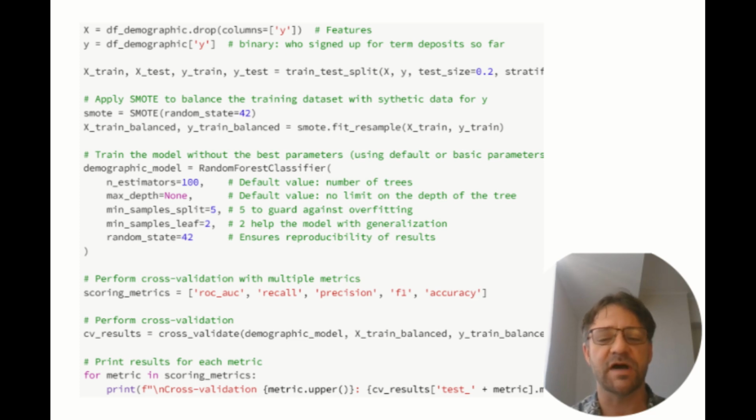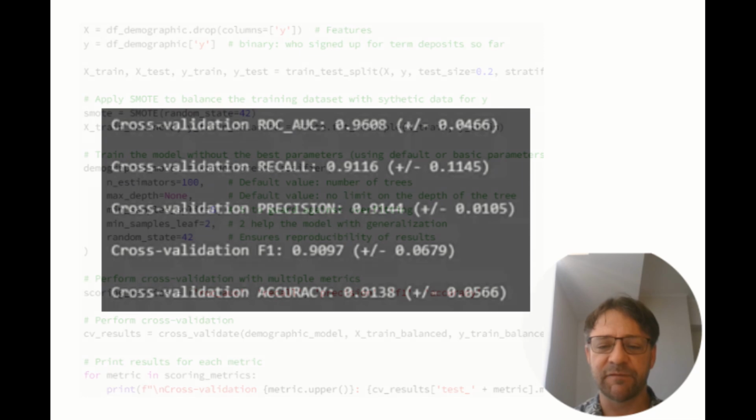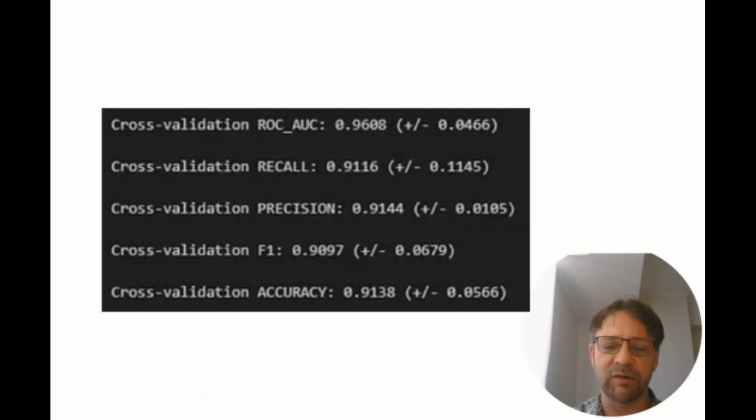We use cross-validation with 5 folds, and then we create the model. For this model, we created a random forest classifier that has a recall of 0.91, so 91% of the customers who actually signed up for the term deposit account are identified by this model.